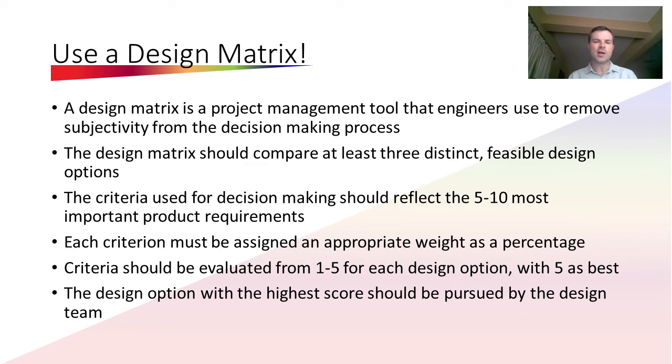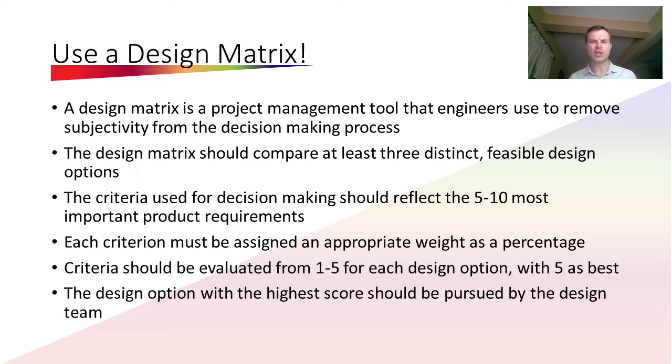Each one of those criteria will be assigned a weight as a percentage out of 100. And then each of the individual solution options will be scored on a scale of 1 to 5. And that score will reflect how well you and your team believe that that specific solution option will be able to meet that specific product requirement.